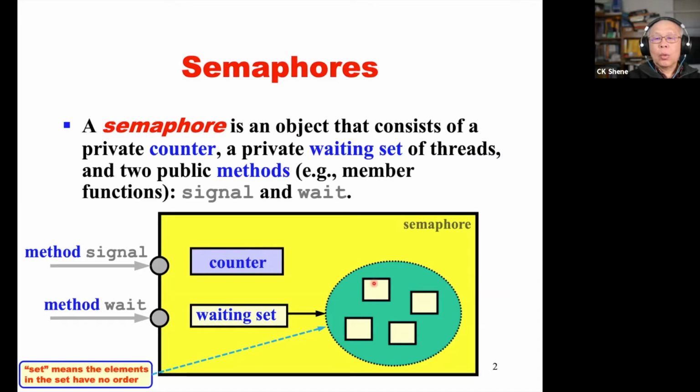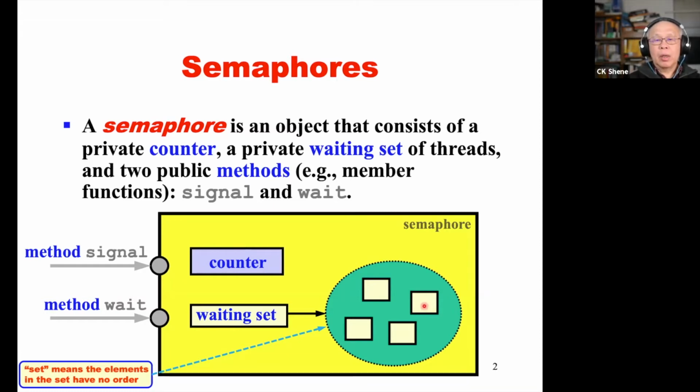All threads that have to be waiting or blocked by this semaphore will be waiting here in the waiting set. The reason for using the word set is there's no ordering. Suppose here we have 4 threads, each of which is represented by a square. These 4 threads wait there.